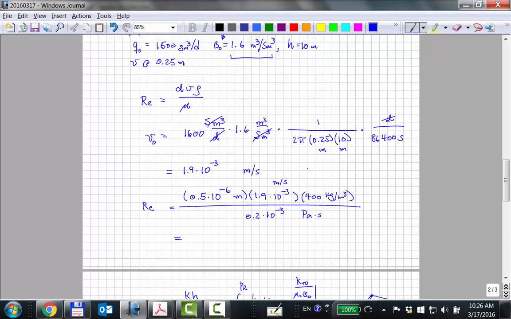Is this equation correct? Diameter in meters, velocity in meters per second, density in kilograms per cubic meter, and then the pascal.